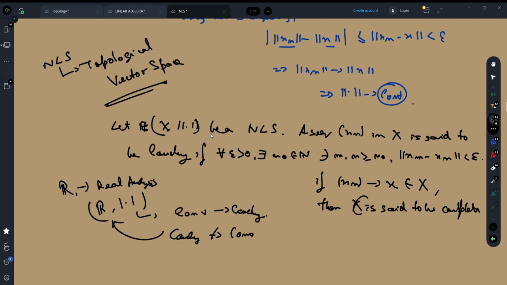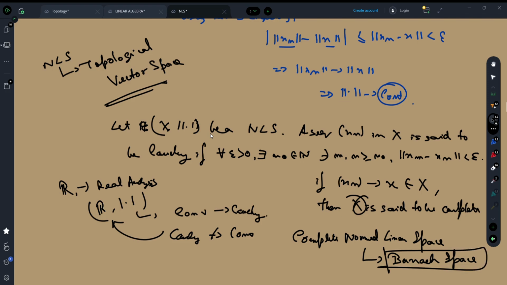So if X is an arbitrary topological space such that every Cauchy sequence converges in that very space, we say that topological space is a complete topological space, and a complete normed linear space is called a Banach space.